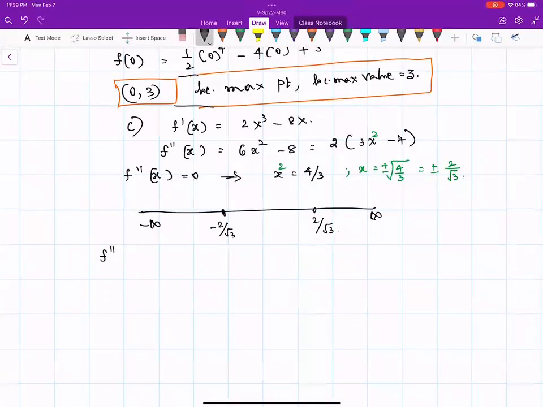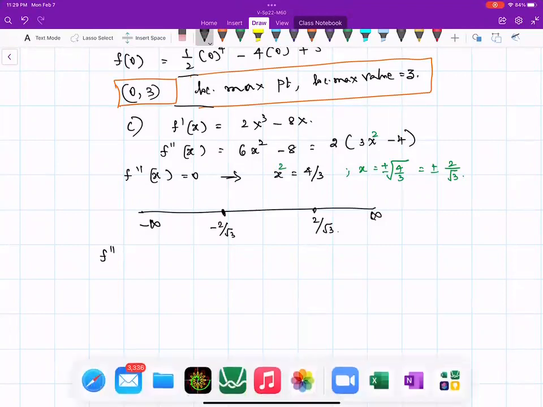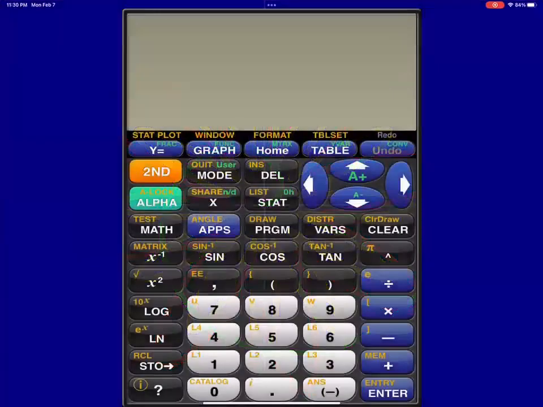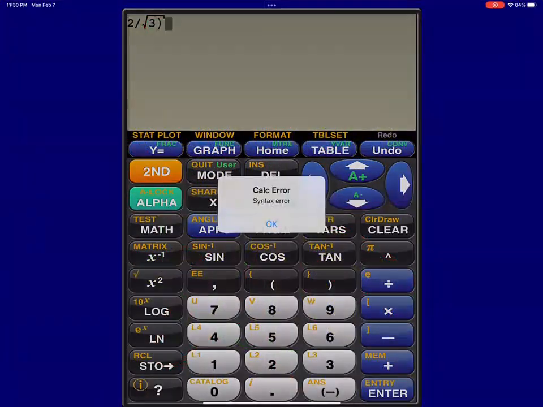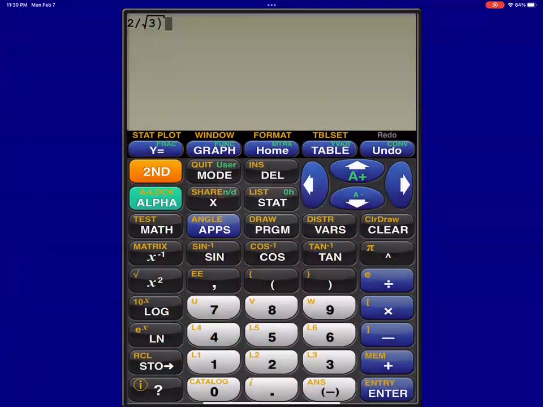So if we find out the value of negative 2 over radical 3, it is 2 divided by square root of 3.